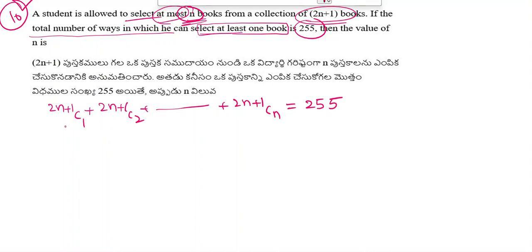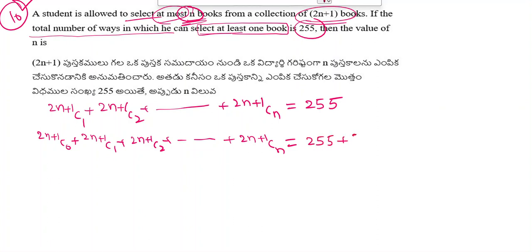Adding 2n+1 C0 on both sides, we get 2n+1 C0 plus 2n+1 C1 plus 2n+1 C2 and so on up to 2n+1 Cn is equal to 255 plus 2n+1 C0. The value of 2n+1 C0 is 1, so that is 256.